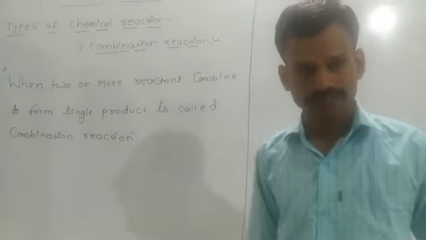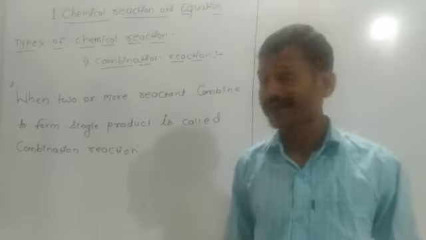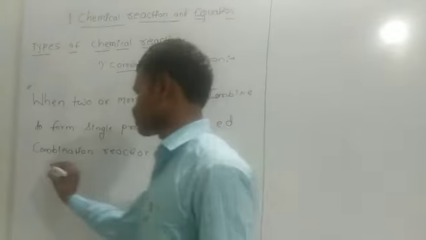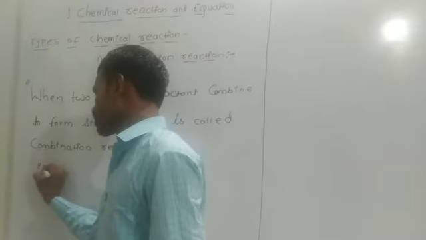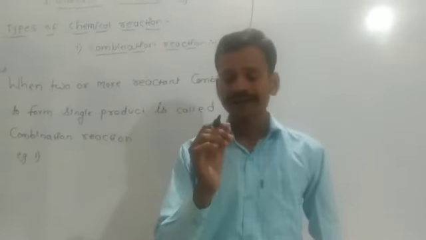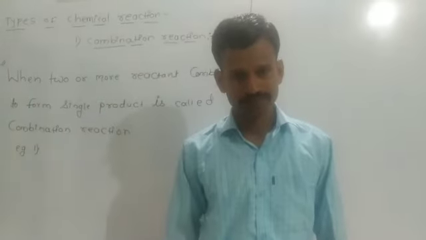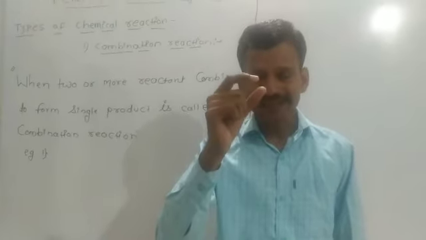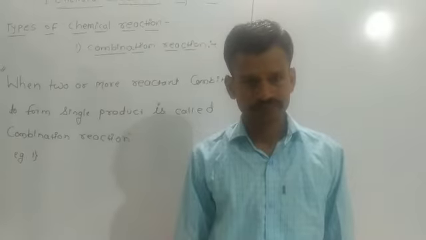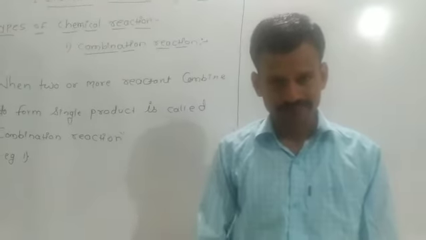Dear student, we have many examples related to the combination reaction. Out of these, I will take the first example. Take one test tube. In that test tube, take hydrochloric acid, and a glass rod in it.